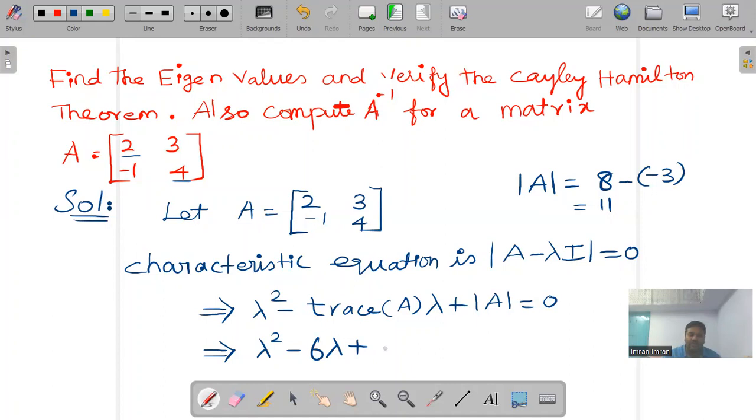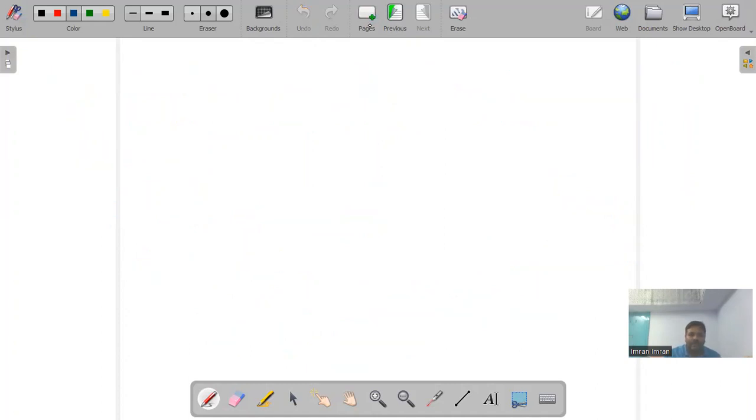So determinant of A is 11 equal to 0. Now we have to compute the characteristic values using this characteristic equation. The characteristic equation is lambda square minus 6 lambda plus 11 equal to 0.